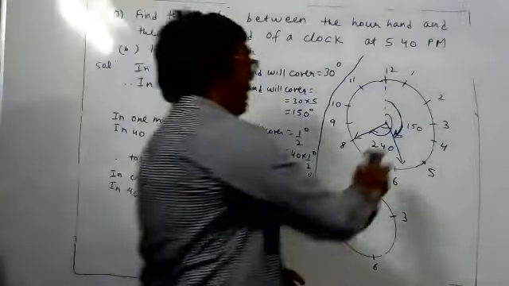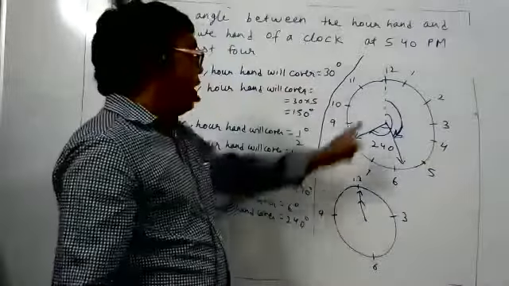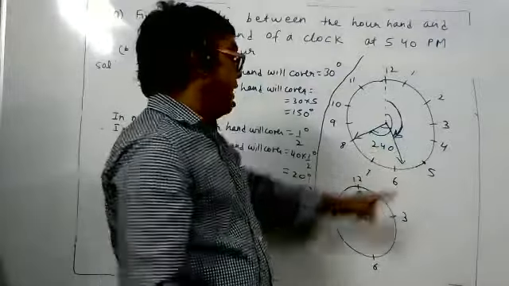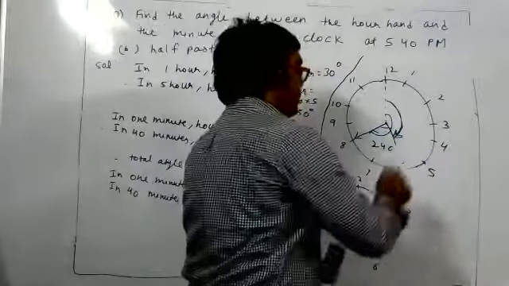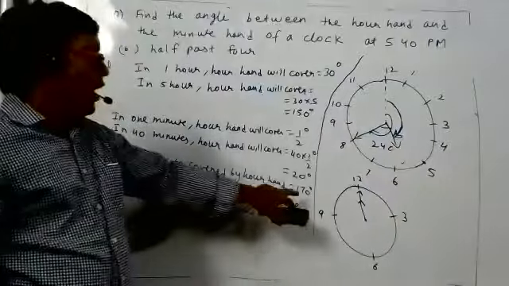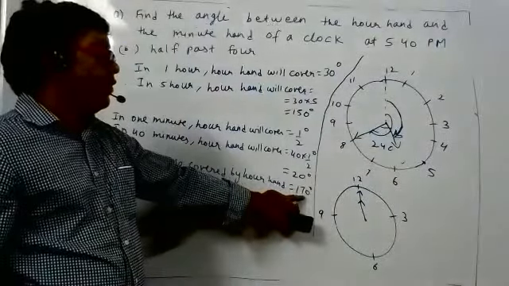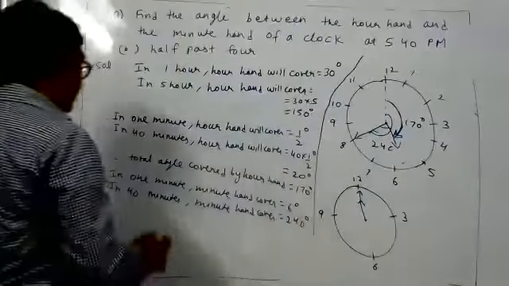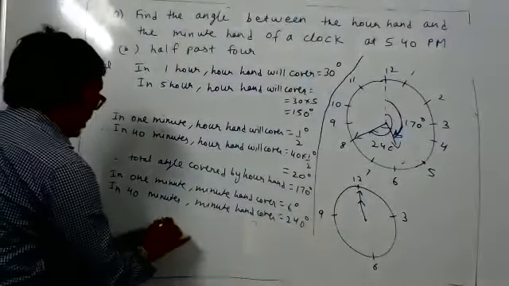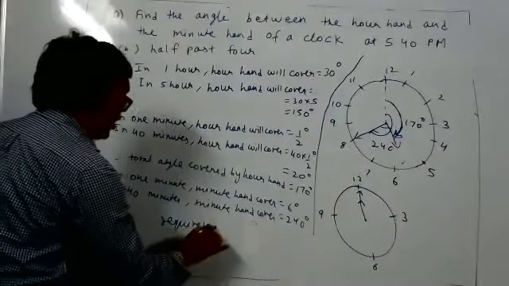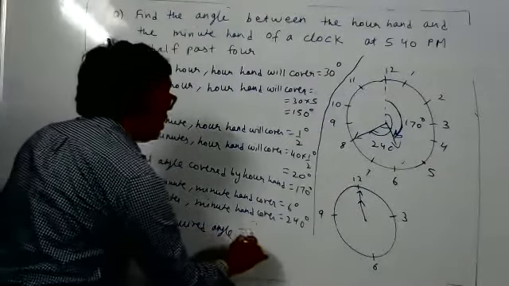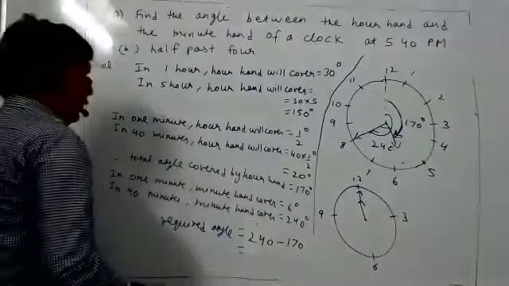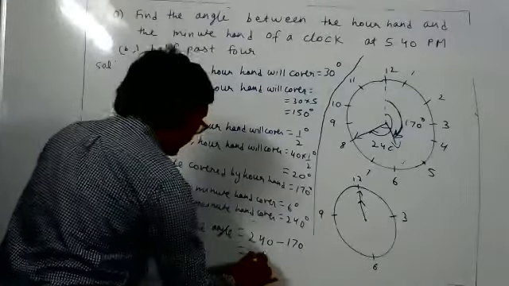Coming back, students, when we started from 12, by how much angle has the hour hand moved? The hour hand has moved by 170 degrees, whereas the minute hand has moved by 240 degrees. Therefore, the required angle is 240 minus 170, that is 70 degrees. 70 degrees is absolutely correct.